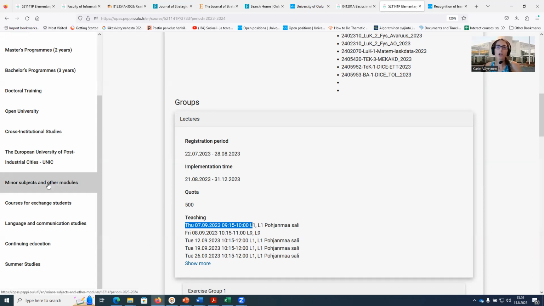But for all other courses than our own SACE courses, you practically always should contact the responsible teacher beforehand and ensure that the course is really held in English, because you cannot trust, unfortunately, the Peppi information in all cases. And the second thing you have to check is whether you, as a master student in the SACE program, are allowed to participate in the course.